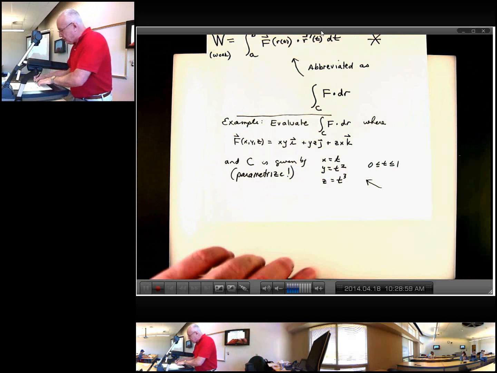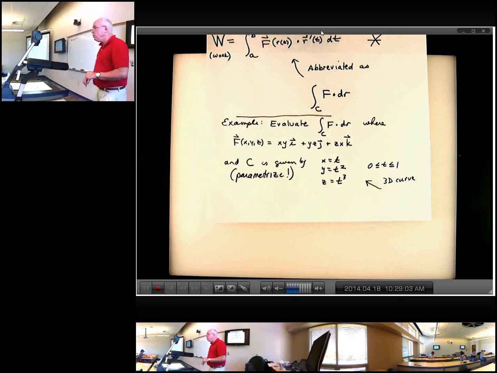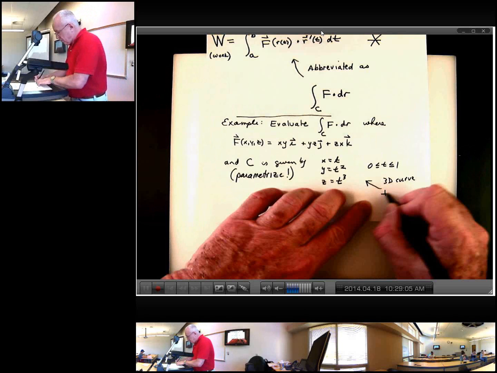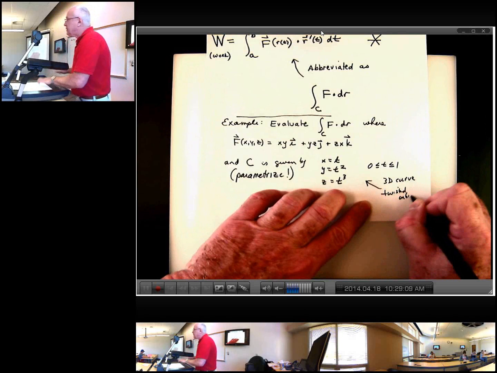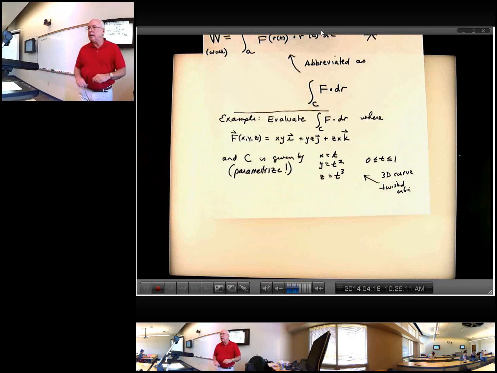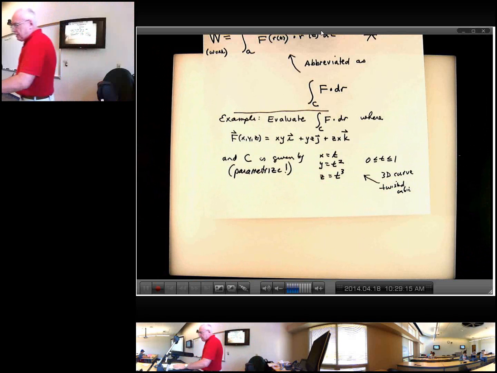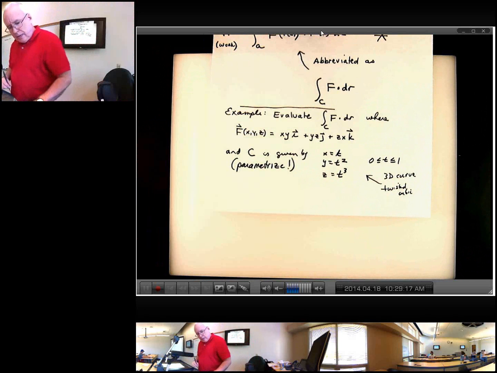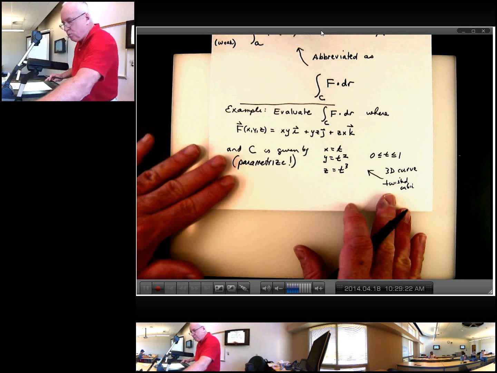This is a three-dimensional curve, of course, and it's called a twisted cubic. That's not important for you to remember, but I showed different views of what it looks like.